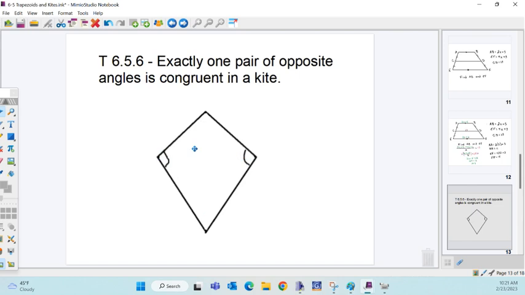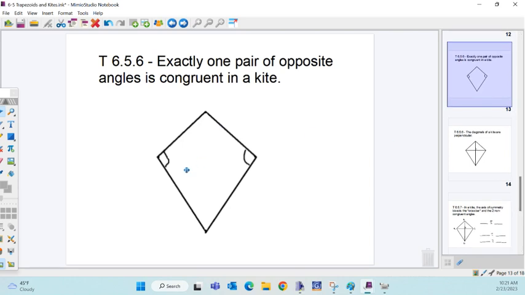So these angles are congruent. If you think about the line of symmetry going down through the kite, in other words, the line of symmetry cuts it into 2 pieces where if you folded it, you would get the same thing. Those 2 angles actually have to be equal to each other.